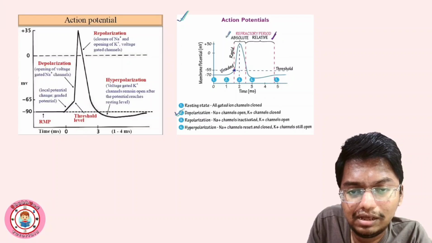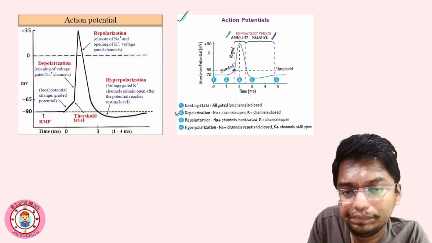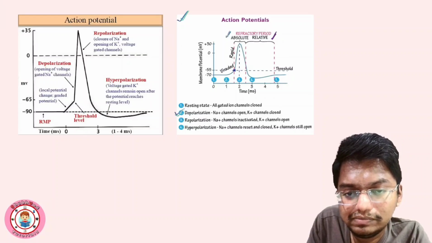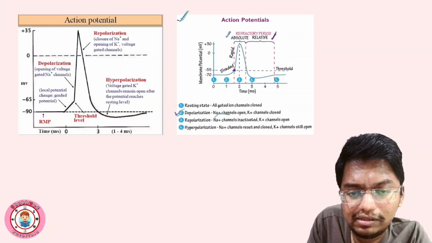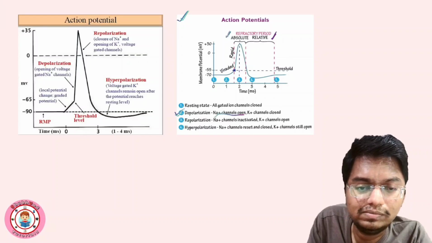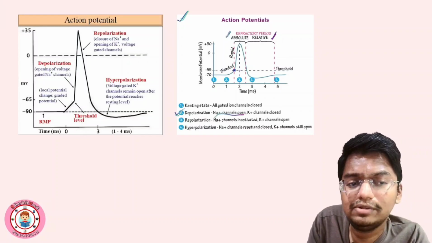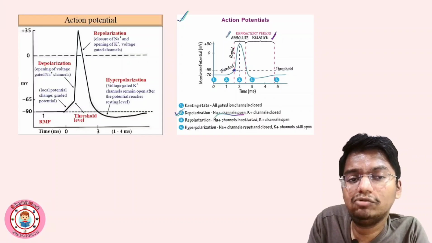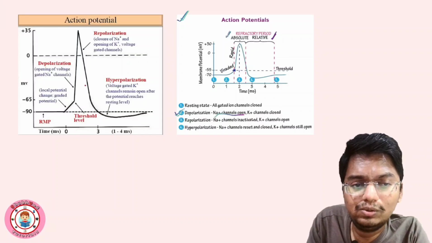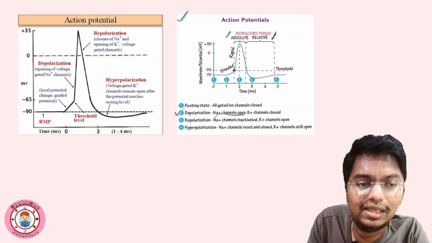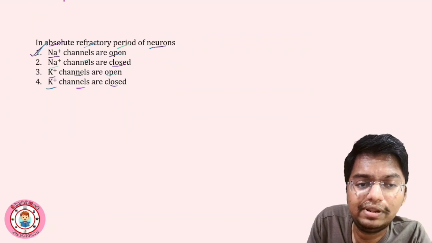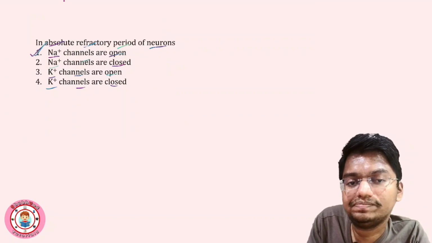This is the absolute period. Got it? Na plus channels open. So sodium comes inside the cell and there is positive movement, right? So the answer will be option 1. Na plus channels are open.